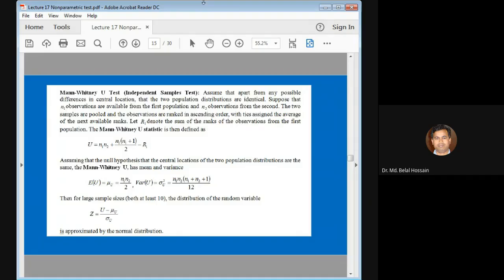ওকে, যার ক্যালকুলেশন হলো আমাদেরকে রিপোর্ট করবেন। আপনারা চ্যাট বক্সেও লিখতে পারেন যে আপনার R1 এর মান কত হলো বা U এর মান কত হলো। Then you have to calculate this expected value of U by putting N1 into N2 divided by 2 and also the variance of U and then the Z value.